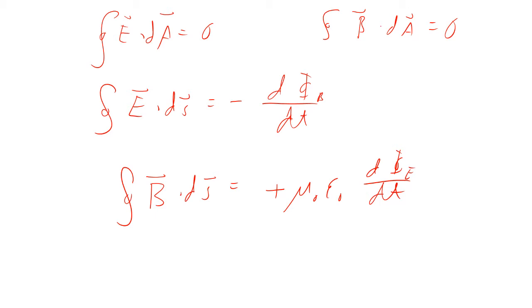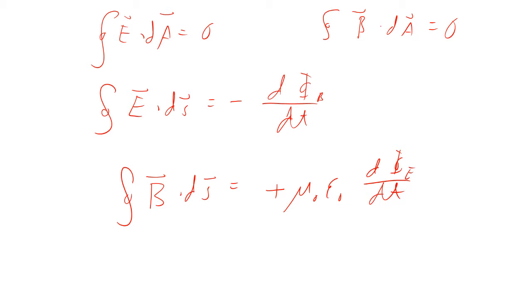Let's consider a situation in which we are looking at changing electric and magnetic fields. Imagine a wire with AC current, so the magnetic field near the wire keeps changing.